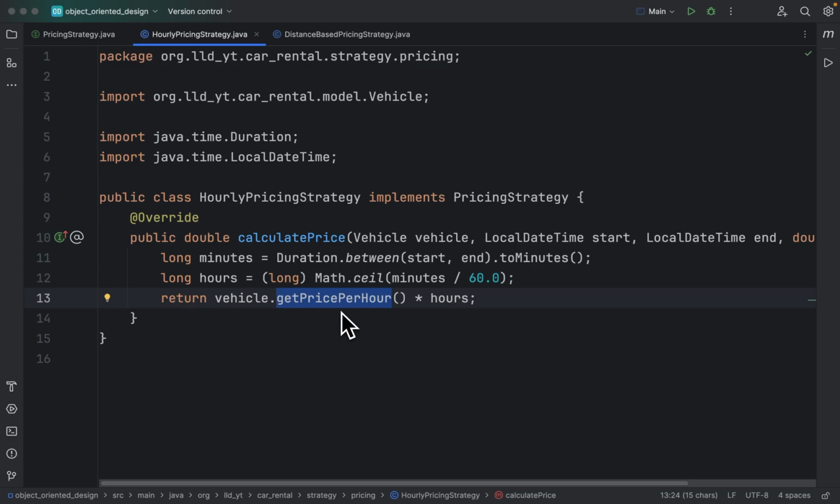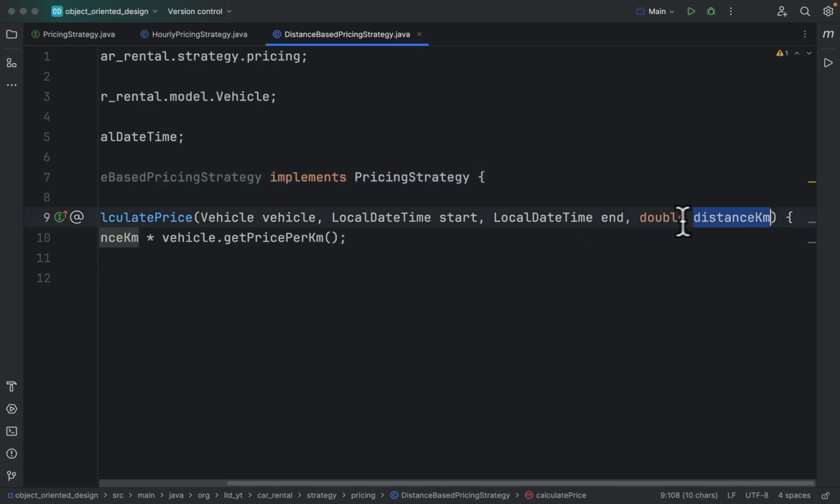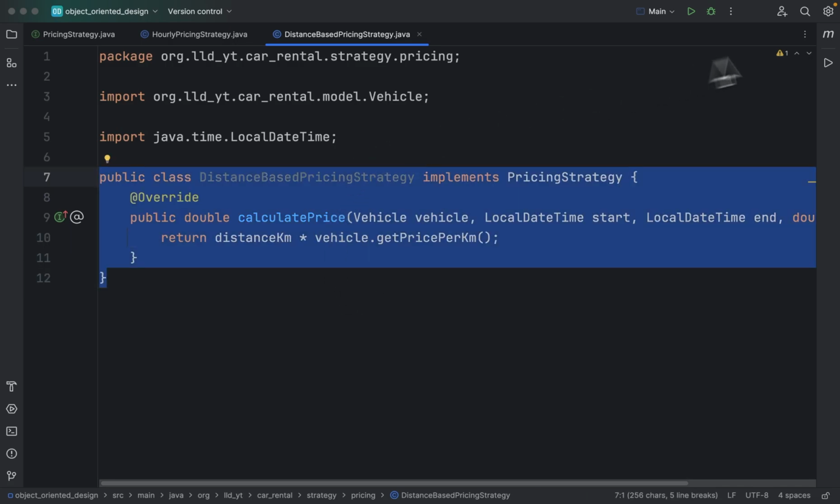If you remember, we have already assigned price per hour and price per kilometer for each vehicle, so we are calculating based on that parameter. Similarly, in the distance-based pricing, we already have the distance in kilometers as the input, so I'm multiplying the distance in kilometers by the per kilometer rate of that vehicle.